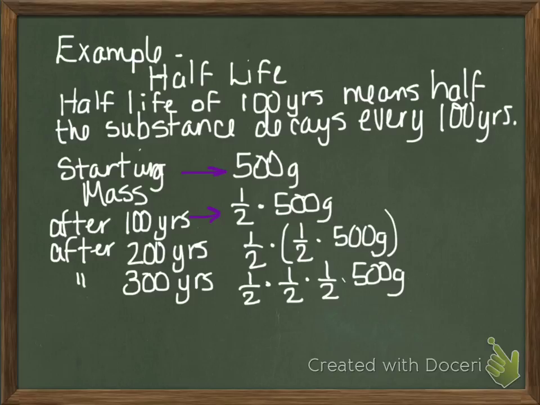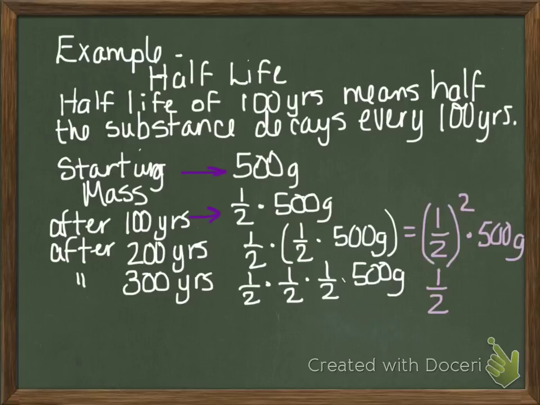So I could write that as 1/2, I'm going to use parentheses because I have a fraction here, 1/2 squared times my starting mass, 1/2 squared times 500. And then at 300 years, another half-life, I have 1/2 to the 3rd power times 500 grams.